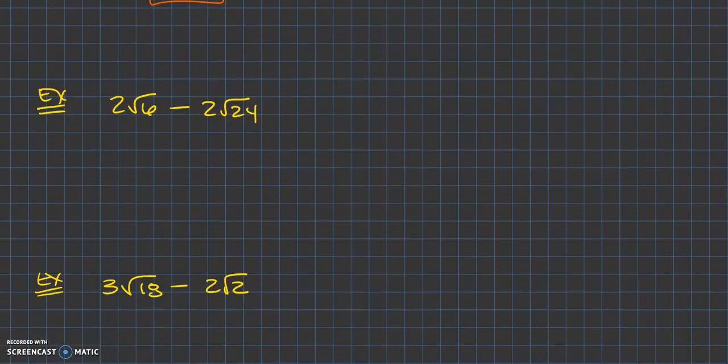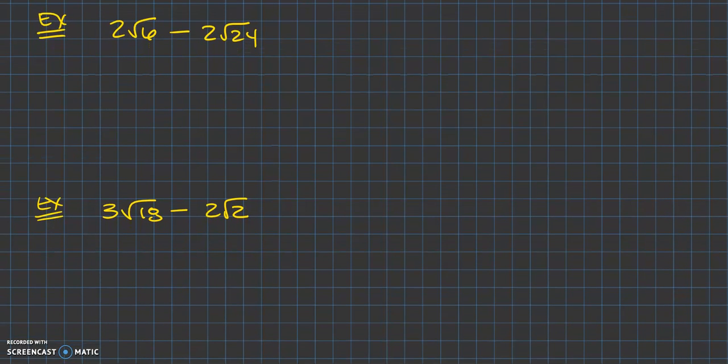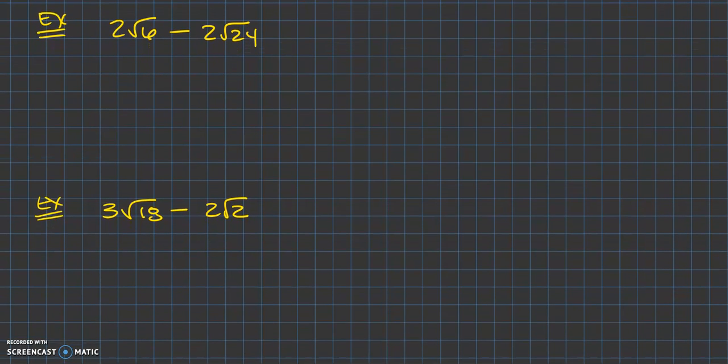Let's go down and look at a couple of more examples. Here we have 2√6 minus 2√24. Now, if you think about the first two examples, you're tempted to say, well, 6 and 24, those are different. So obviously that must be the simplified form, but that would be incorrect. Now, when we think of 6, we know it has factors of 1, 2, and 3, but none of those are perfect squares.